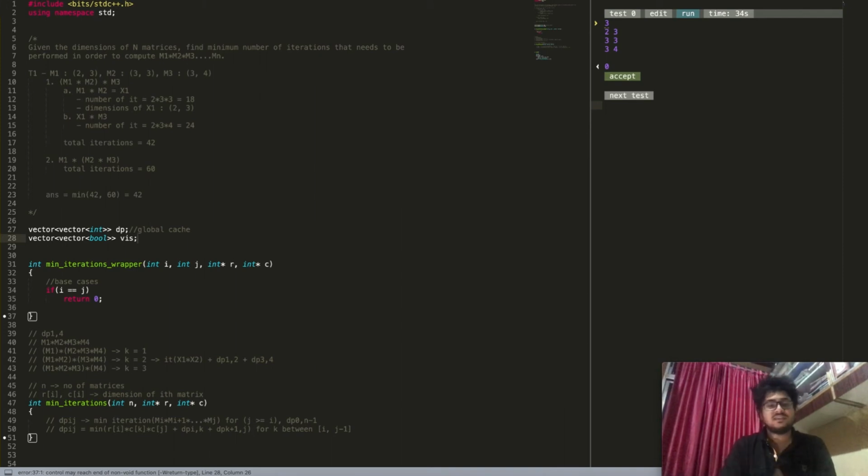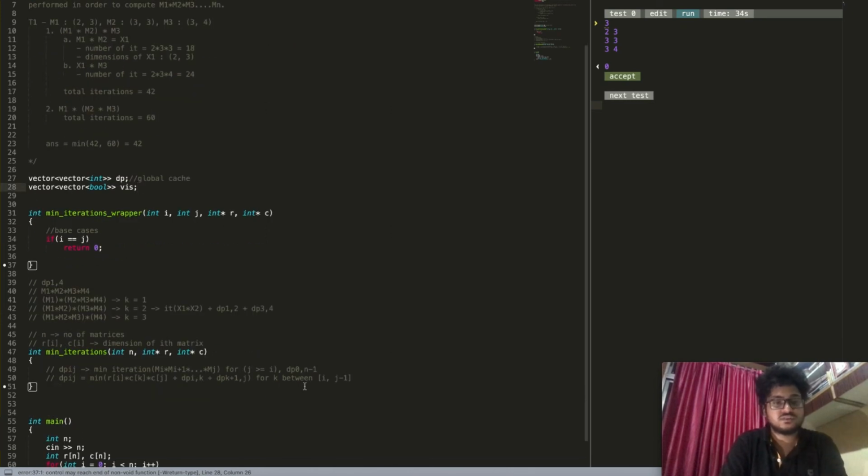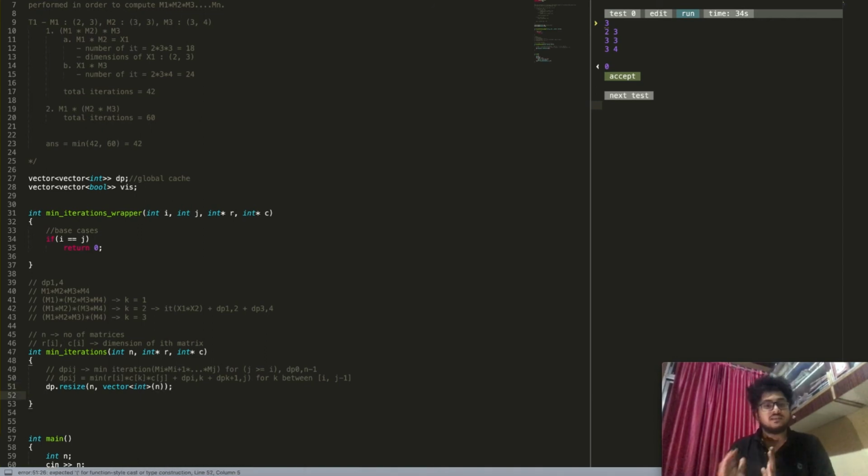So now let's initialize them inside our min iterations function. To initialize the DP array, all we need to do is dp.resize n, and then vector int n. This will give me an array of size n cross n.